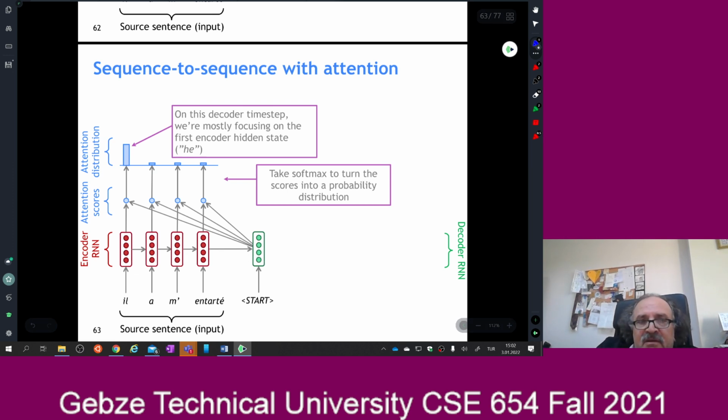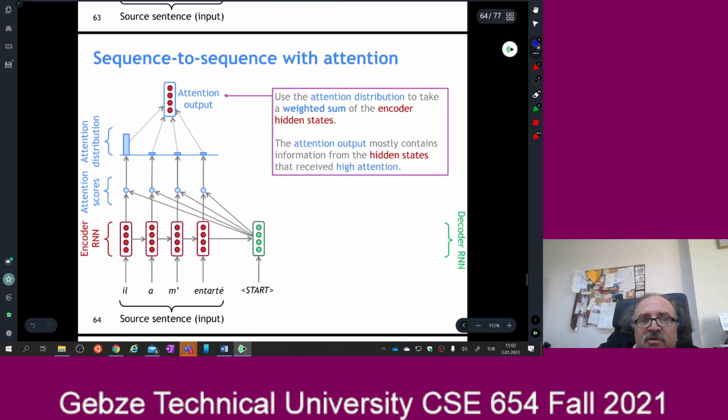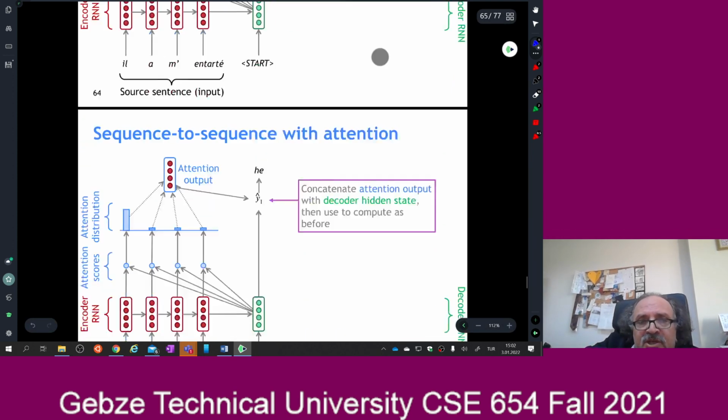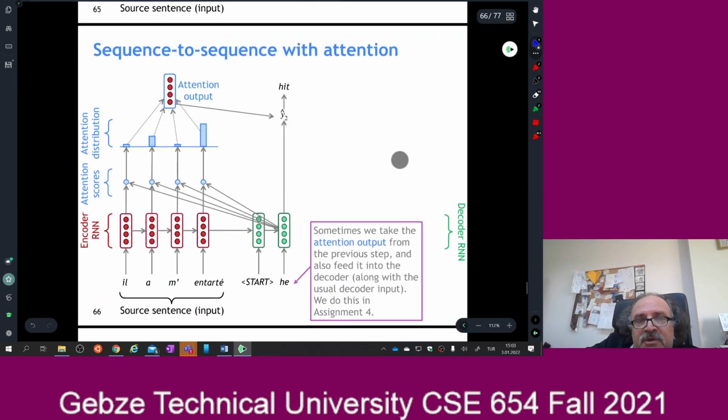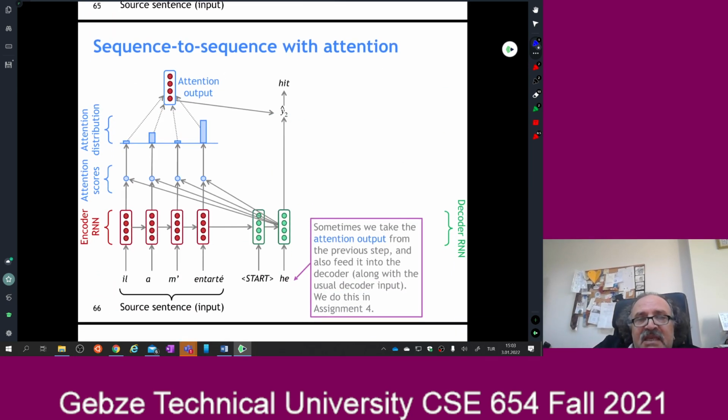Maybe I could use this information to produce my first, this is my attention output. Take your attention output, and feed that information to my network to produce this first word "he".